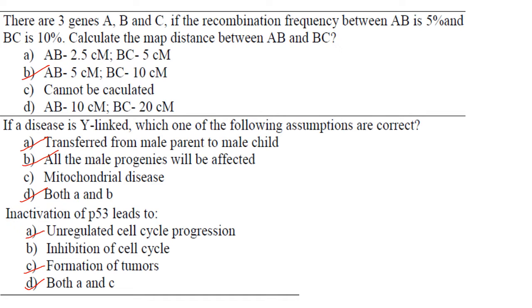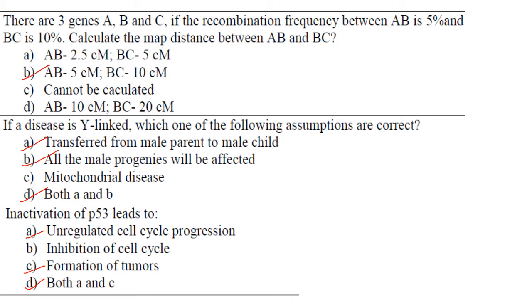So naturally, recombination frequency is nothing but map distance expressed in centimorgans. So here AB will be 5 centimorgans and BC will be 10 centimorgans. Answer is option B.